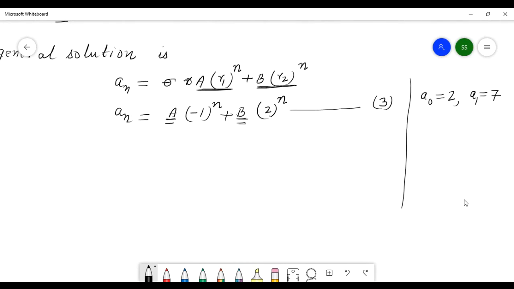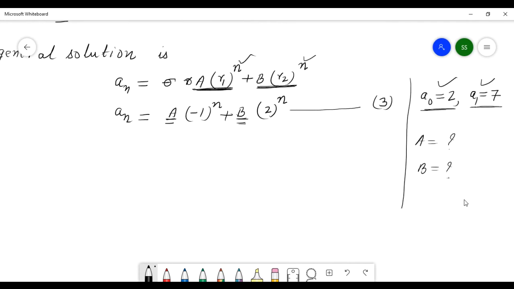By using R1 and R2. R1 and R2 different, then all the time write this: A R1 power n plus B R2 power n. Okay. Now look at this, here a0 equal to 2 and a1 equal to 7. Use these two conditions here and then you will find A and B.